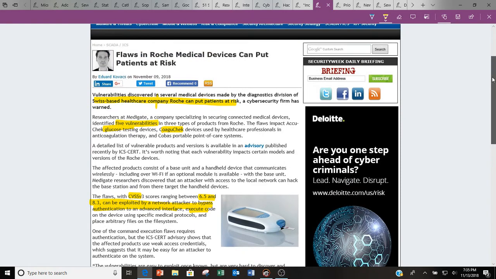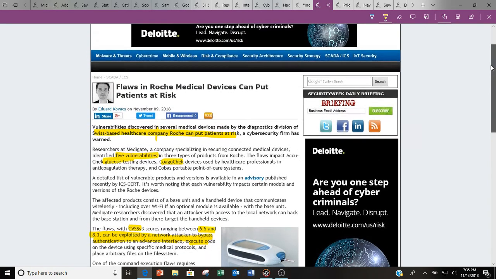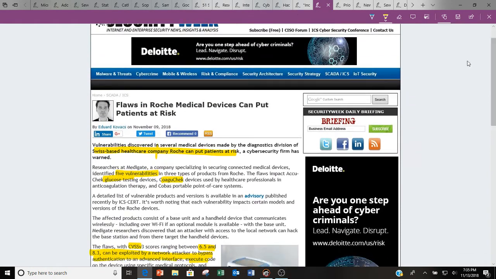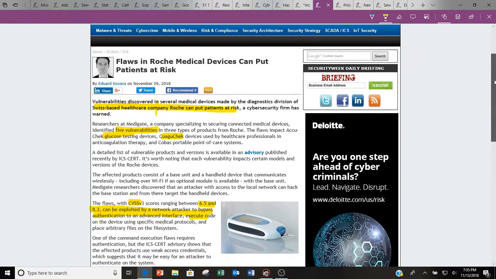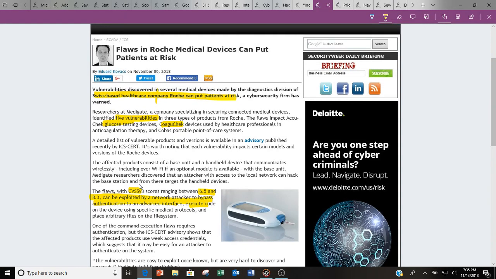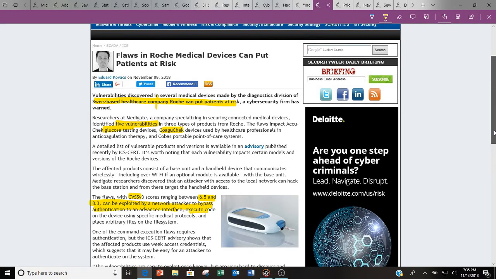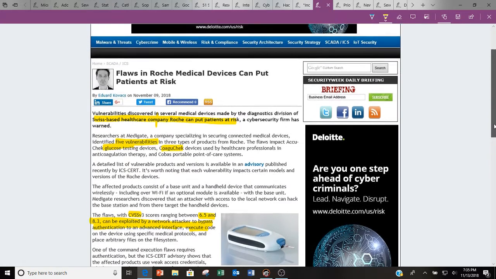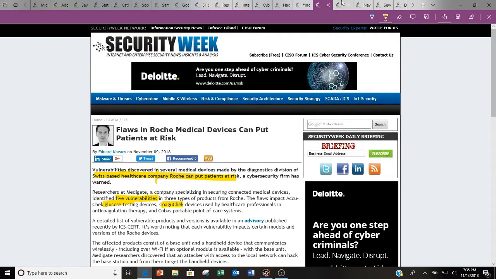This particular company, I'm not sure how to pronounce it, Roche, let's just say, has 5 critical vulnerabilities in their medical devices that have pretty high vulnerability scores, 8.3 and 6.5, that can allow an attacker to basically get access to them and do malicious things.